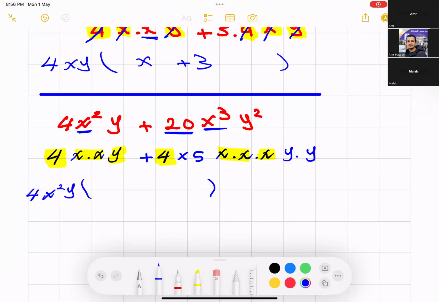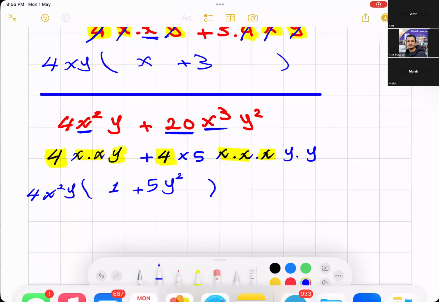I figured out that the first term is being canceled. So what should I do in this case? It seems like we are dividing 4x²y by 4x²y. So it makes sense that we have 1 plus 5y². Did you get it?